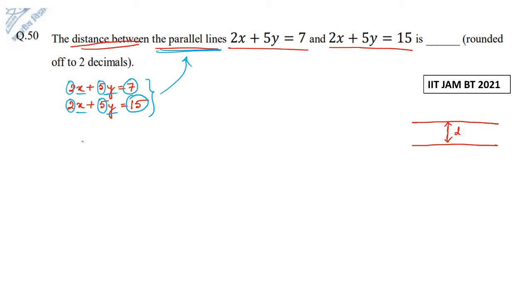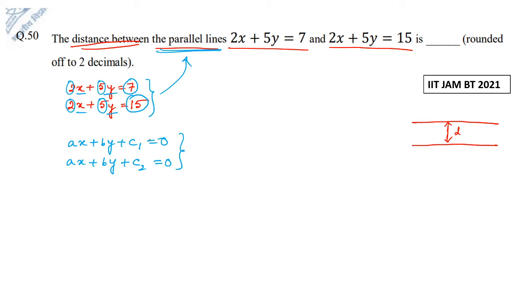Now suppose they are in this form, that is ax plus by plus c1 equals 0 and ax plus by plus c2 equals 0.